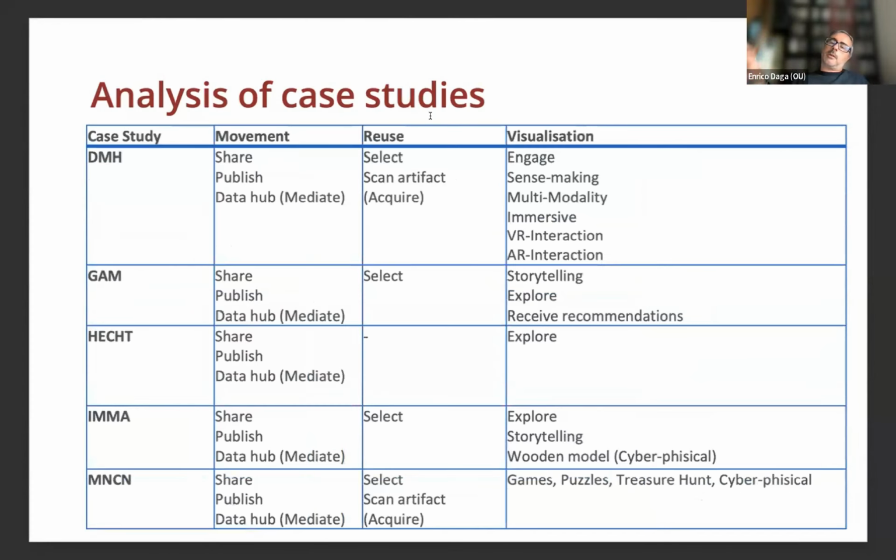And then looking more at the movement part of these workflows, most of them shared data among different systems and between different user interfaces.